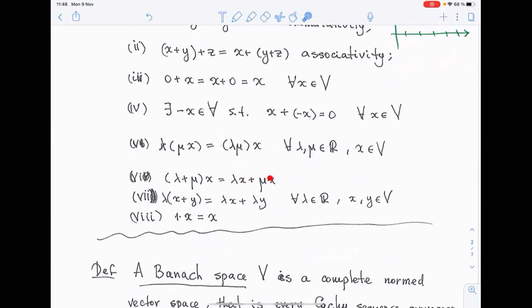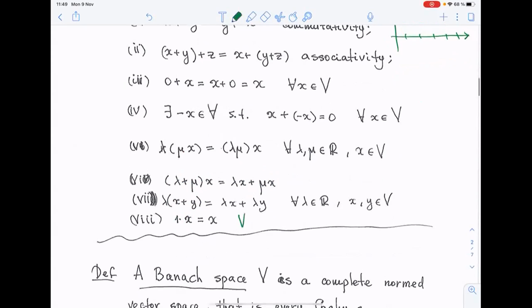It is the same as a linear combination of these constants with the vector. This is similar to the previous axiom. And the 8th one is the existence of the unit vector. The unit is 1. You multiply any element of this space, for all X from that space, by 1, and you get the element itself.